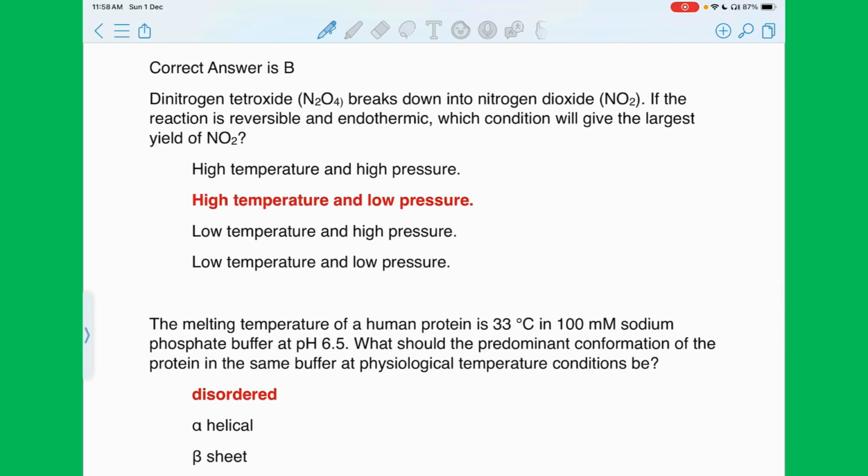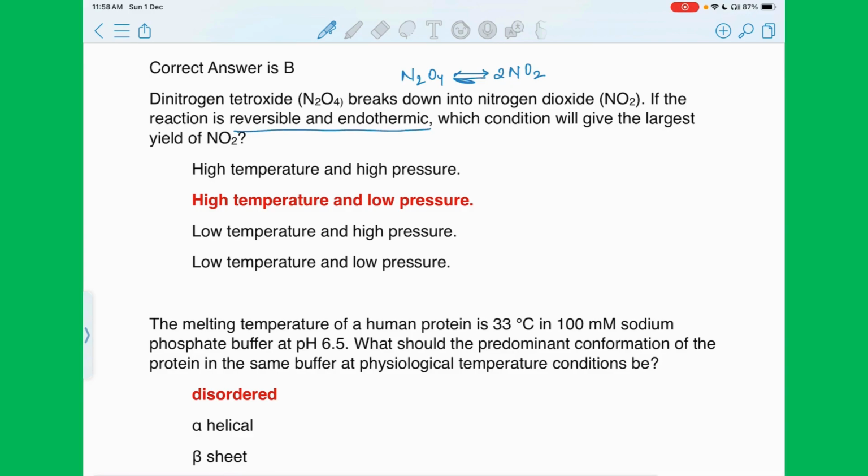Next question says dinitrogen tetroxide breaks down into nitrogen dioxide. If the reaction is reversible and endothermic, which condition will give the largest yield of NO2? So the question says that dinitrogen tetroxide gets converted into nitrogen dioxide, and this reaction is reversible and endothermic.